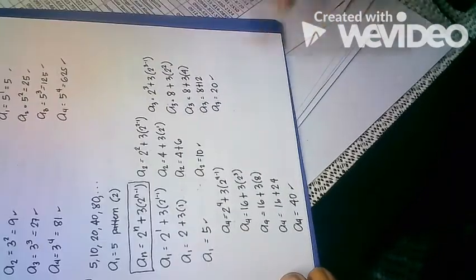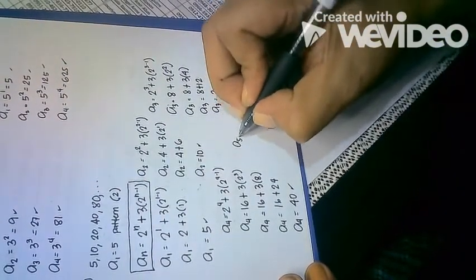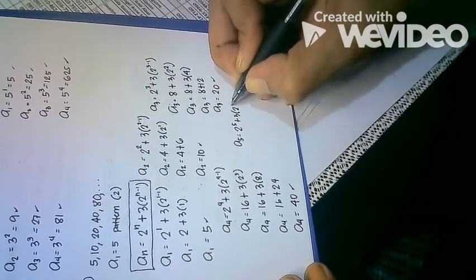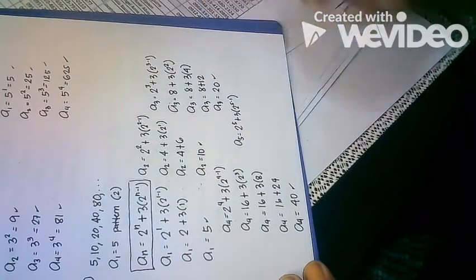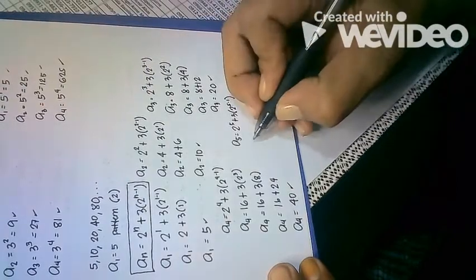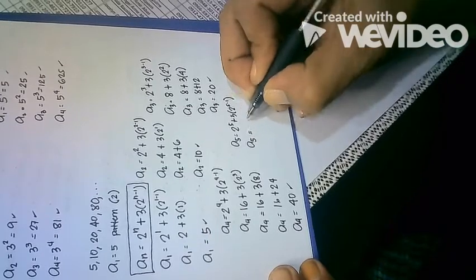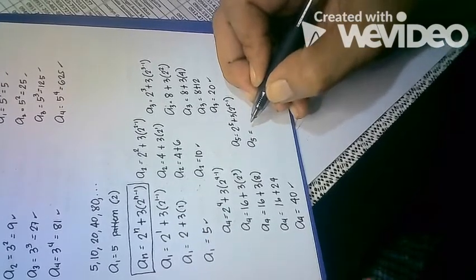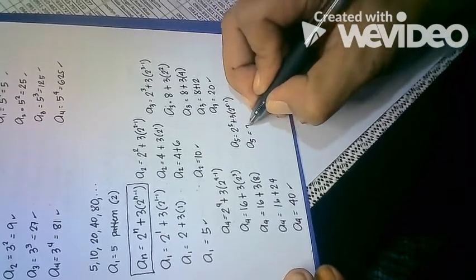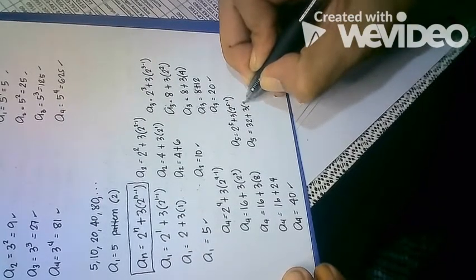Okay. So our a sub 5 equals 2 to the 5 plus 3 times 2 to the 5 minus 1. Our space in class is lacking, just follow, okay? So a sub 5 now is equal to 2 to the 5, which is 2 times 2 is 4, times 2 is 8, times 2 is 16, times 2 is 32, plus 3 times 2 to the 4.